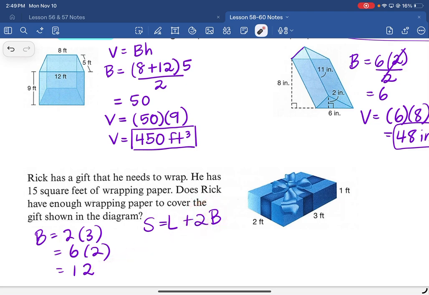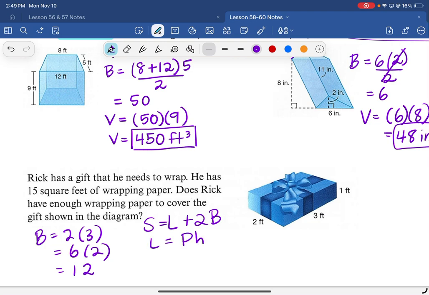Now I need you to find the lateral, which is what? Perimeter times height. Yeah. So find the perimeter of the 2x3 bottom rectangle. 10, 10 times the height, which is 1. Then add them. Yes, you just add them.